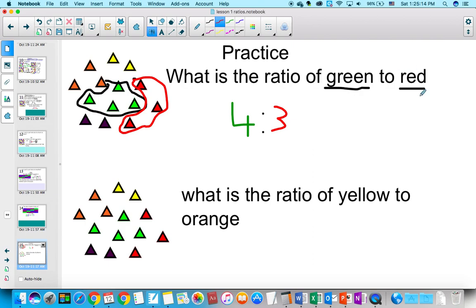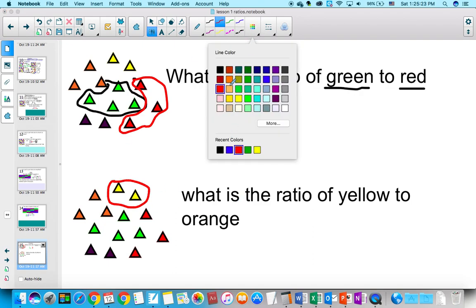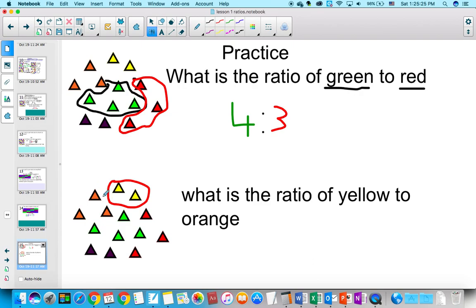What is the ratio of yellow to orange? So I'm just going to use red, and we have yellow. We have two yellows here, and orange. I'll use actual orange. So now we have the ratio of yellow to orange. Sorry, my bad, I fixed that right away.